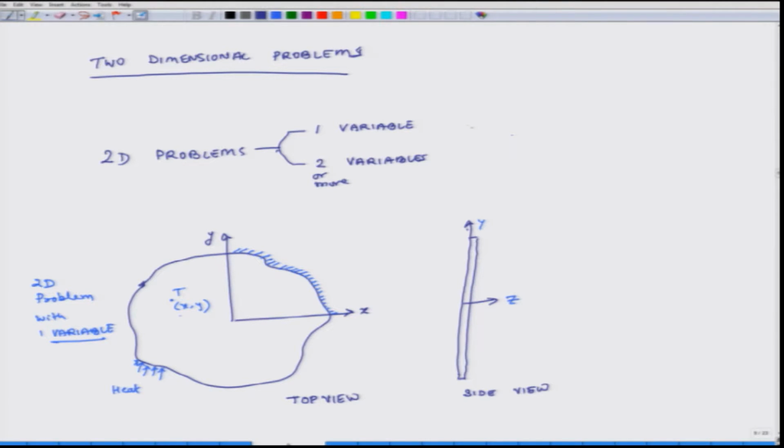And then these problems can be reclassified into three types. One is boundary value problem. Then you have initial value problem.